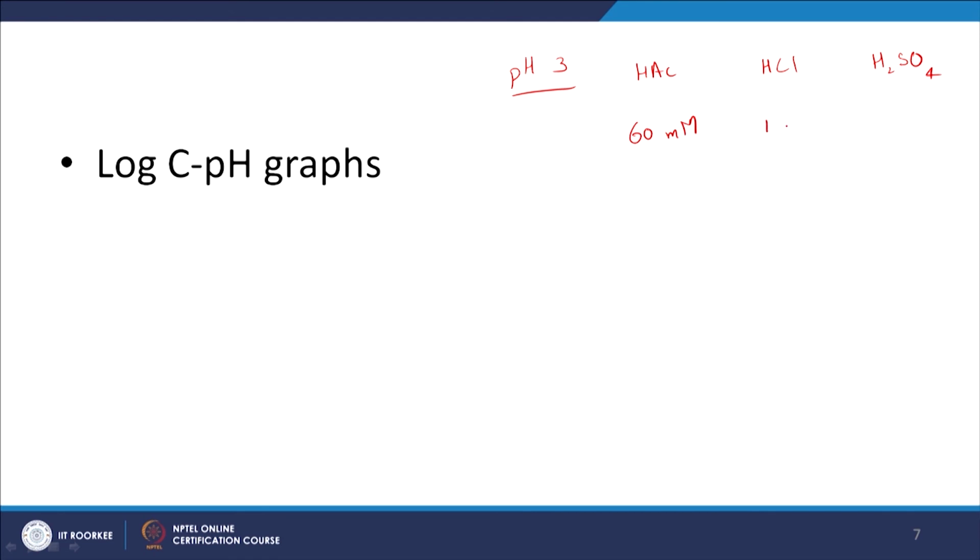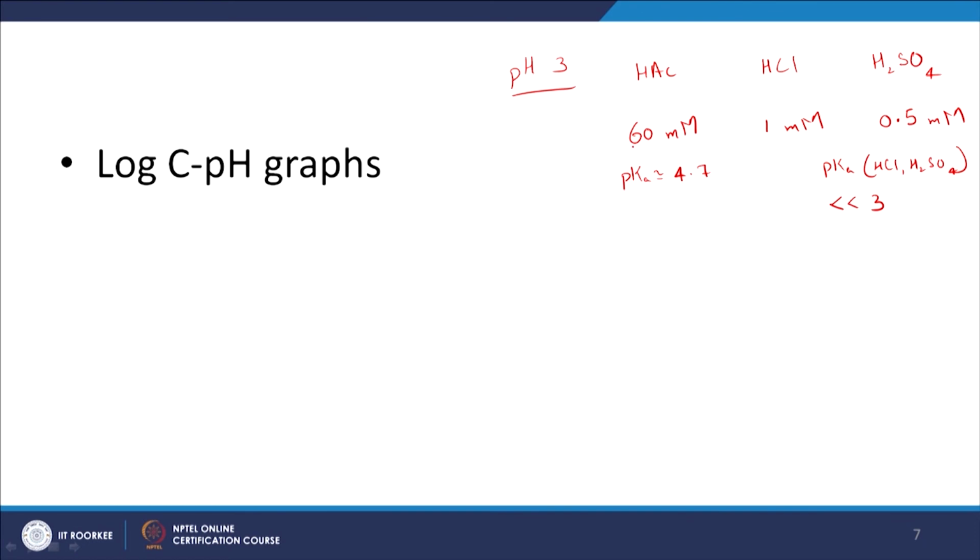For HCl it was around 1 millimole, and for H2SO4 it is 0.5 millimole. And what is the reason? I guess the pKa for HAC is around 4.7, but the pKa of these 2 particular acids, HCl and H2SO4, is far lesser than 3. I believe it is around 0 though, right.